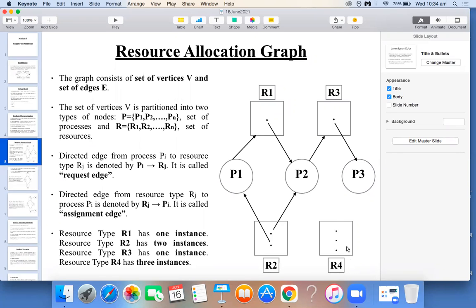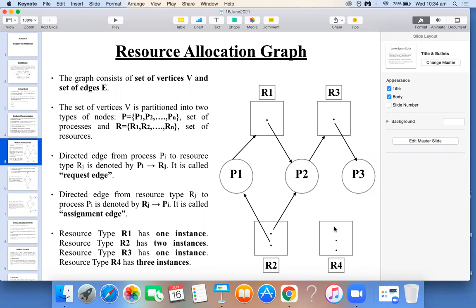Similarly, I will call resource R4 a printer. How many printers do we have in our system? R4 indicates the printer resource. So three dots means there are three printers available in the system.